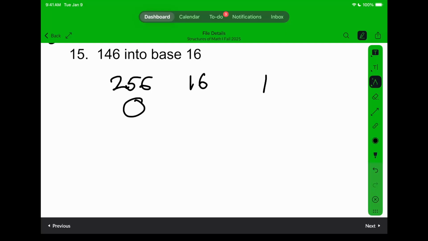We could test it by division, 146 divided by 16. Well, we could also try it like this. We know 16 times 10 is 160, and that's too large, so we can work down from there.